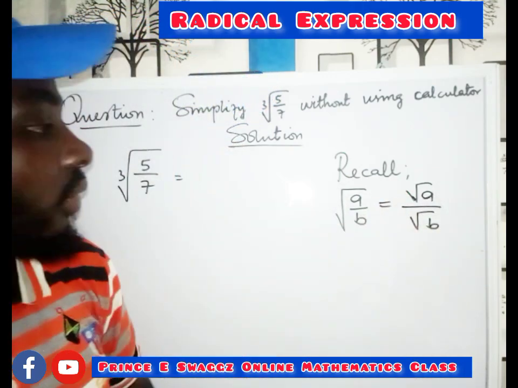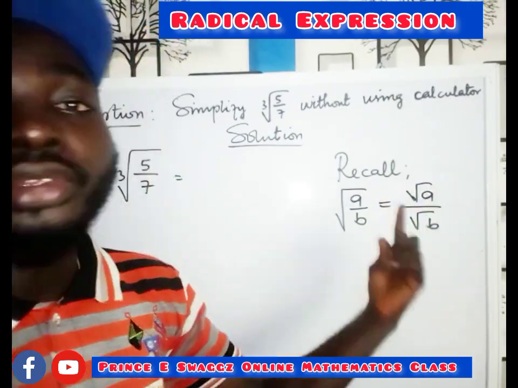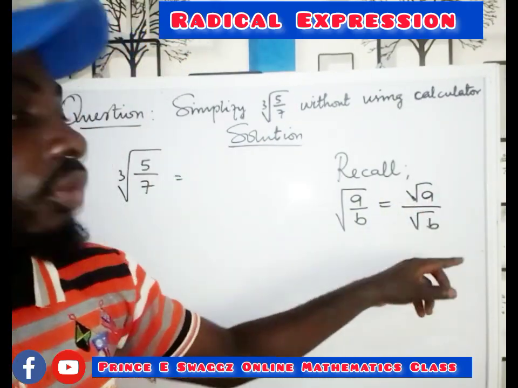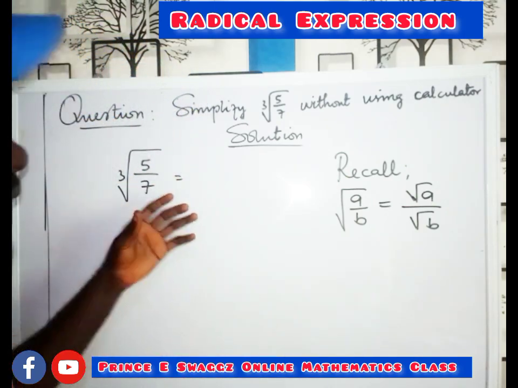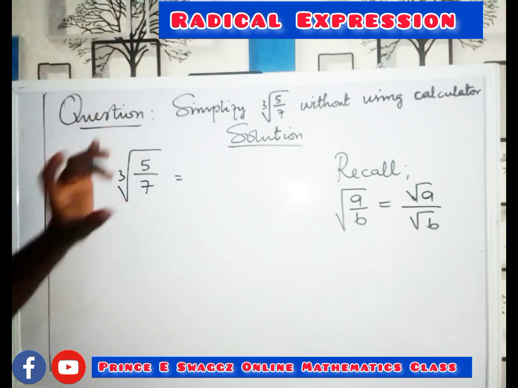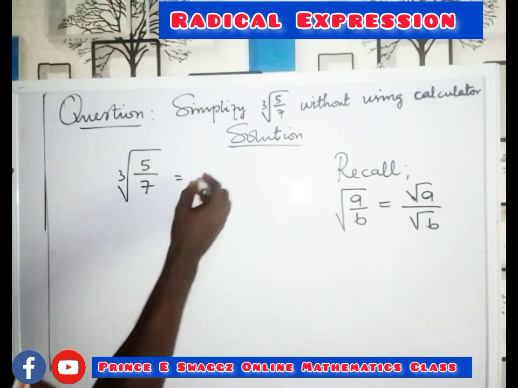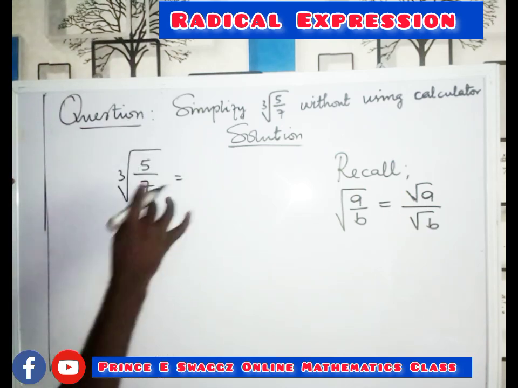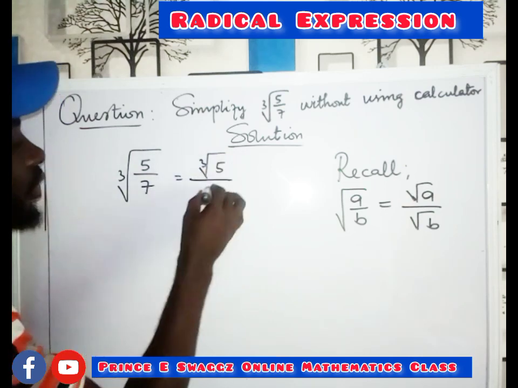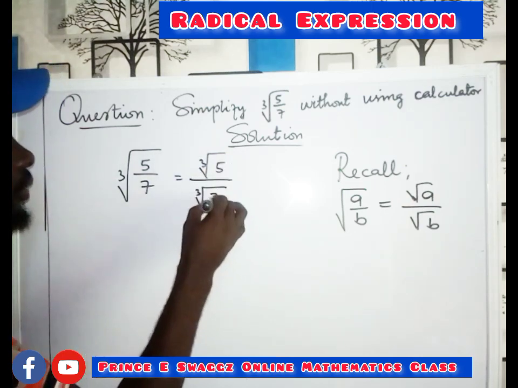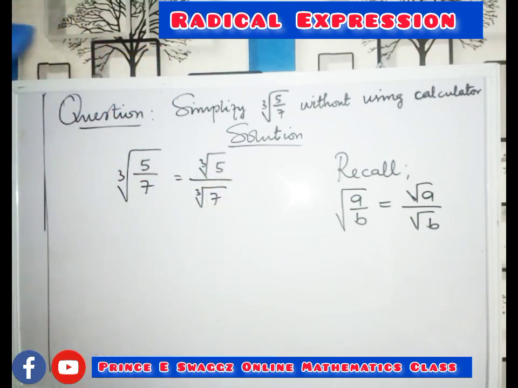From our knowledge of surds, it can be broken down to the root of each of them. Likewise, the same thing here. What we have here is the cube root of 5/7. The same thing is applicable: the cube root of 5/7 is similar to the cube root of 5 over the cube root of 7.